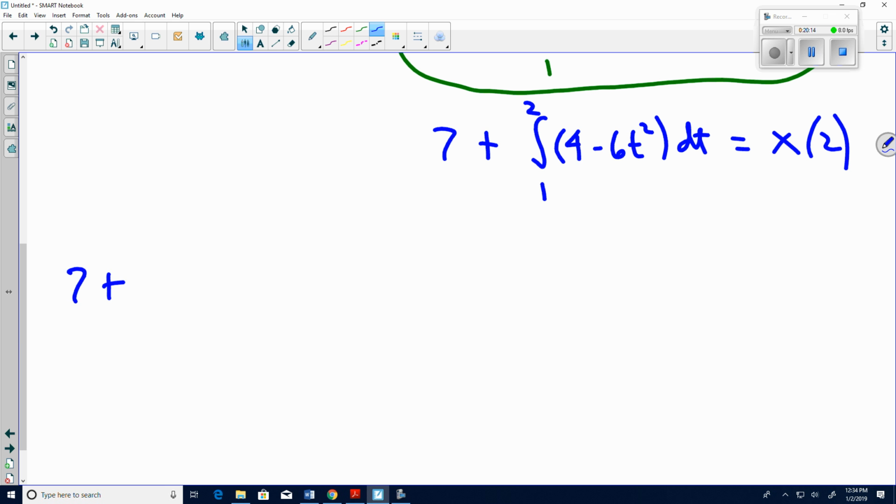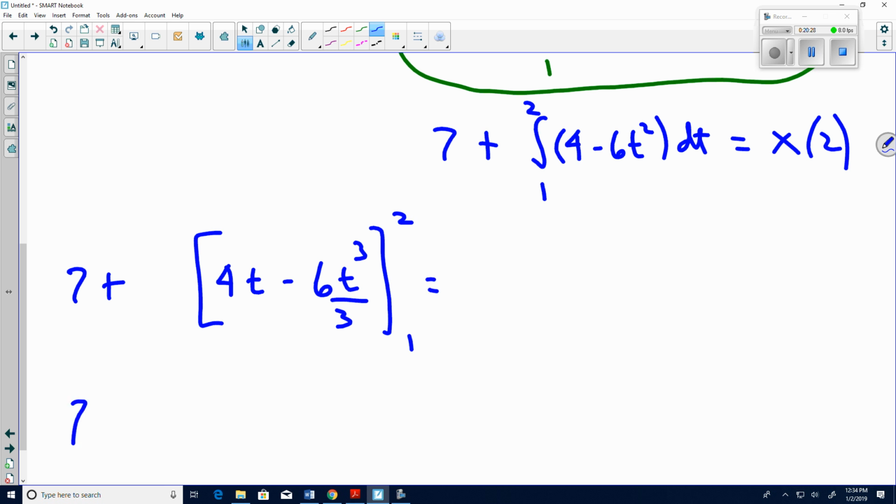Okay, so the antiderivative is going to be 4t minus 6t cubed over 3, right? And we're going to evaluate that between 1 and 2. So we'll put the upper bound in first. 4 times 2 is 8.